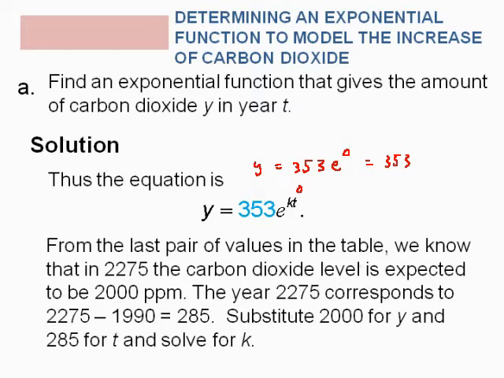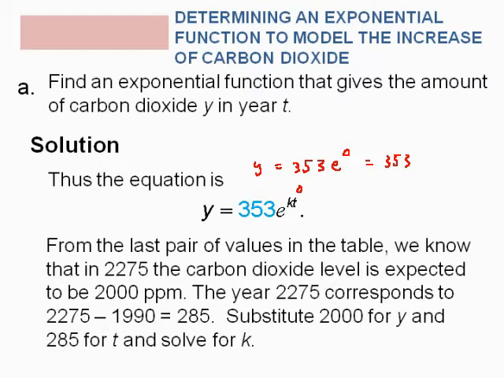From the last pair of values in the table, we know that in 2275, the carbon dioxide level is expected to be 2,000 parts per million. The year 2275 corresponds to 2275 minus 1990, which is 285. So we substitute 2,000 for y and 285 for t to solve for k.